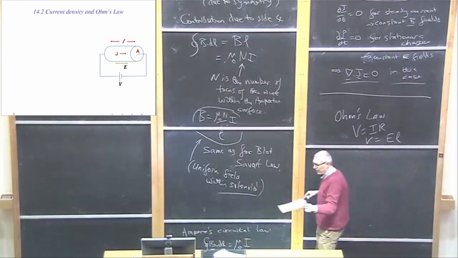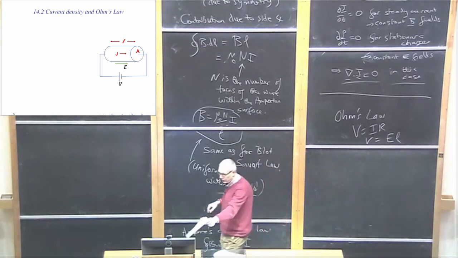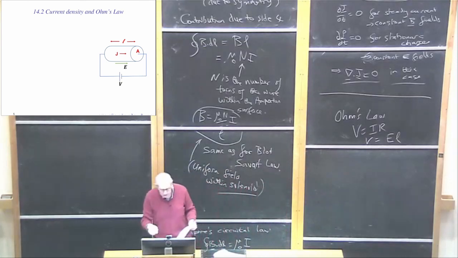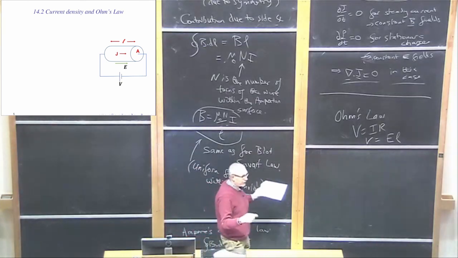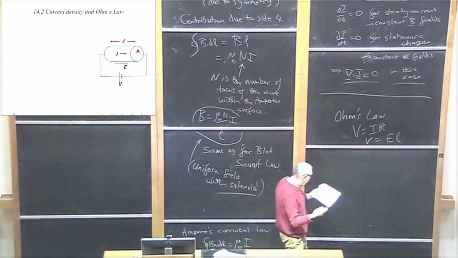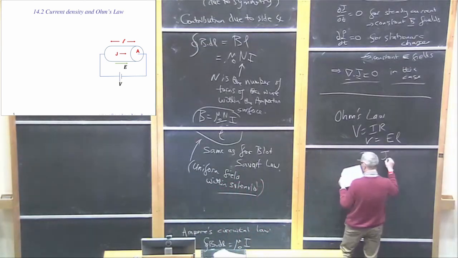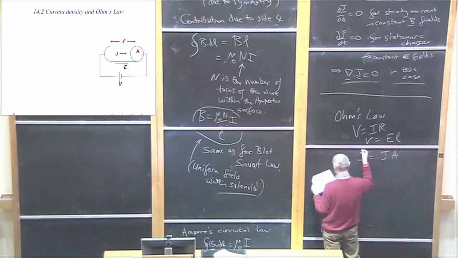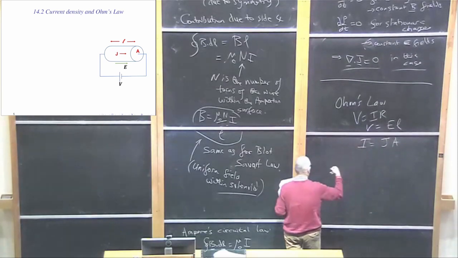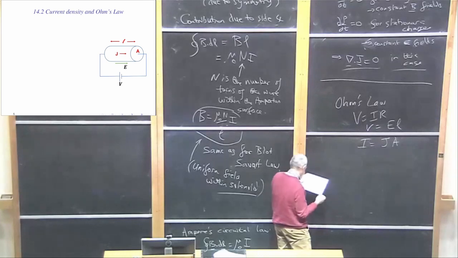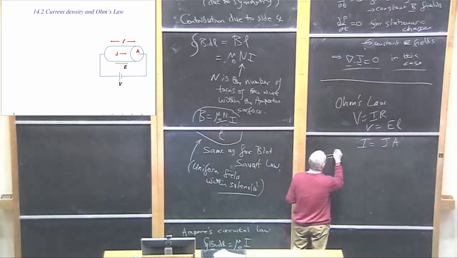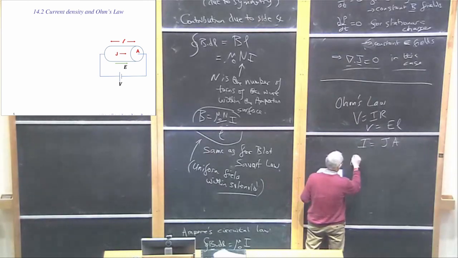The voltage provided by the battery across the length is just the electric field in the conductor times the length. And the current is the current density times the area of the conductor. So you put all this together.